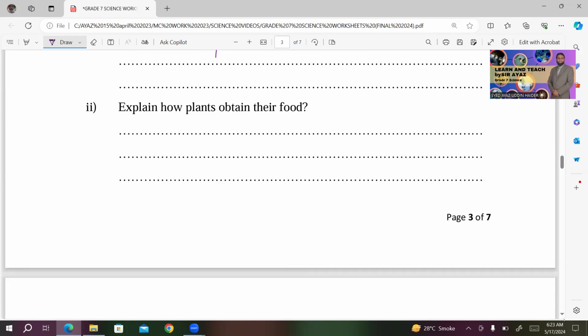Number 2, explain how plants obtain their food. The process is photosynthesis. So you write photosynthesis.